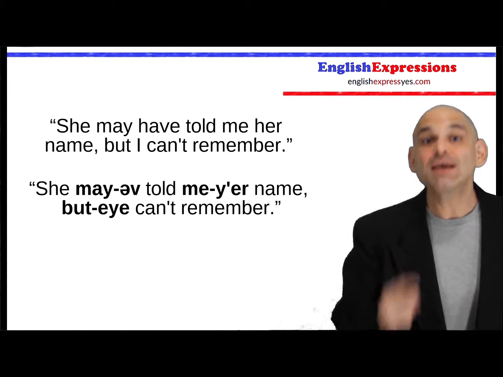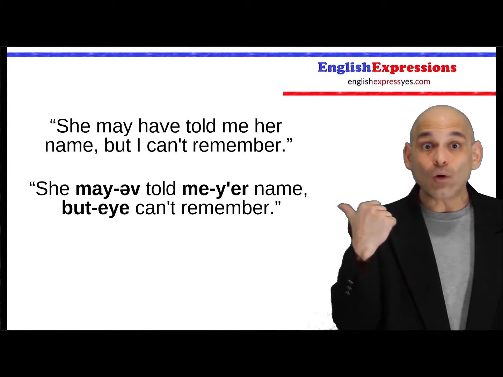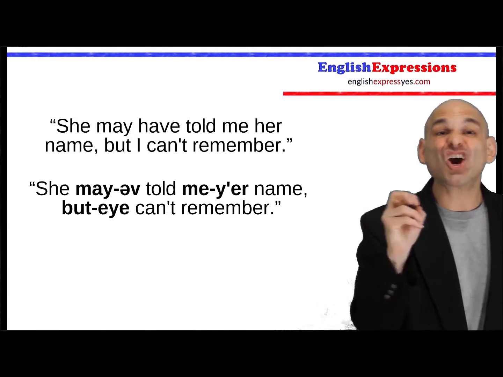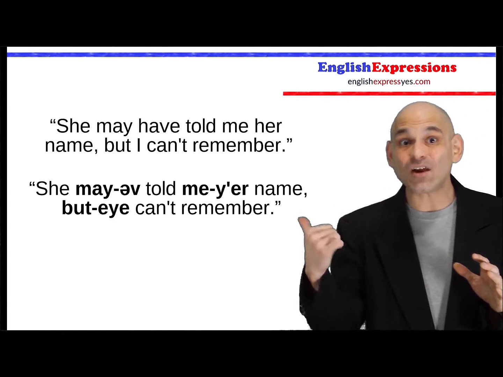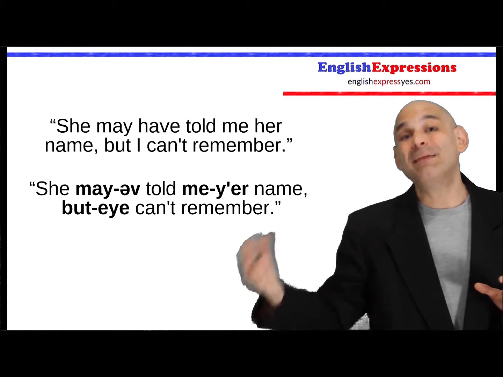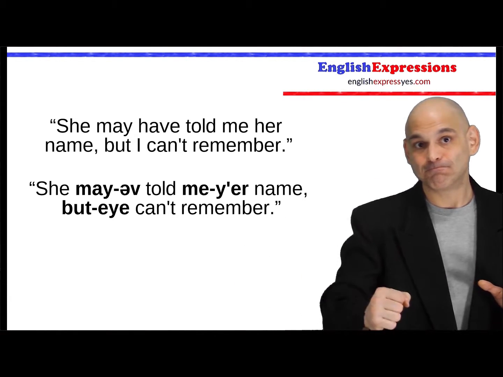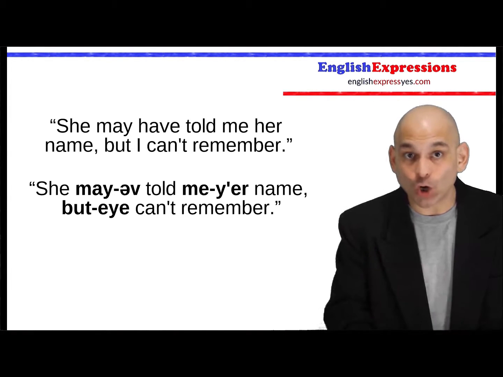We drop the H. Told me your. Now here's the two vowels, me and her. So here we put a Y sound in the middle. Me your name. But I can't remember.